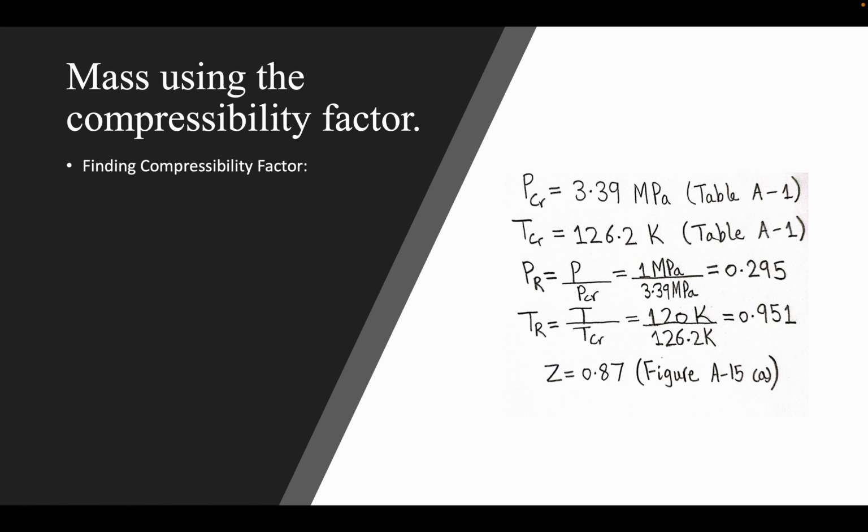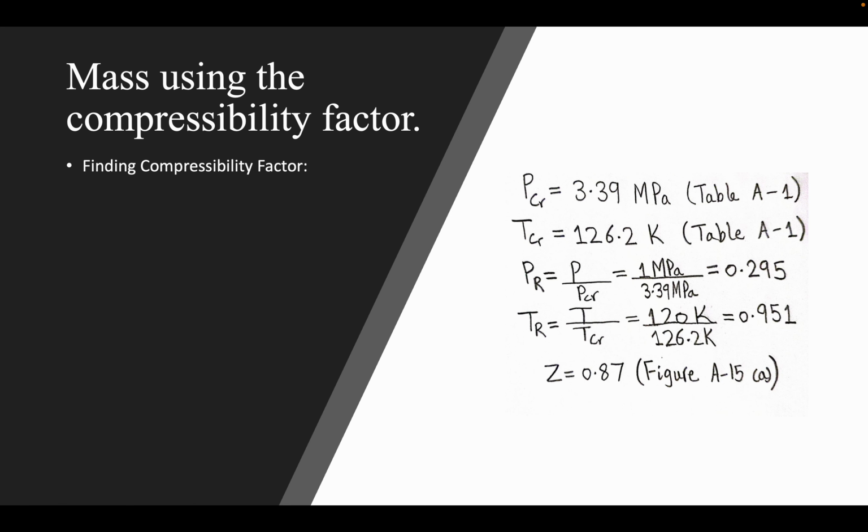And then we use the reduced pressure and reduced temperature formula, which is the pressure or temperature given in the question divided by the critical pressure and temperature we found from table A1.